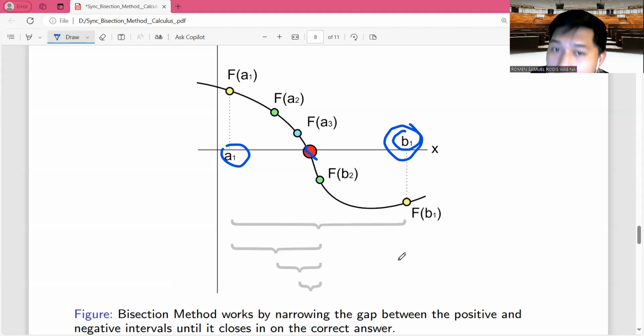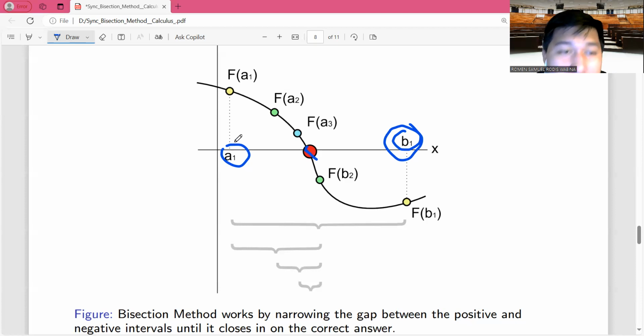Depending on the sign of f of C, we select the new interval a sub 2 and b sub 2 to be either a sub 1, C or C, b sub 1. This method systematically reduces the interval size from a sub 0, b sub 0 to a sub 1, b sub 1, then to a sub 2, b sub 2, and so forth.